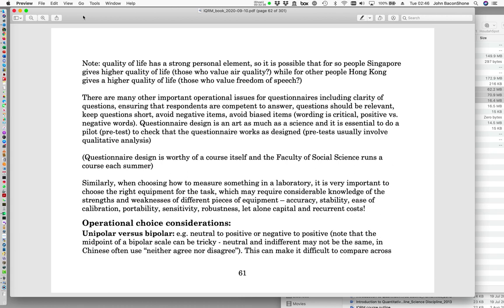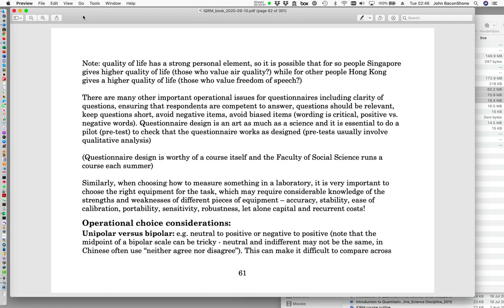Questions clearly should be relevant. The questions need to be short enough that people haven't forgotten the beginning by the time you get to the end. Negative questions can be very difficult, particularly because of whether people have understood the negative element of it. Bias is a really sensitive issue. You have to be very careful about the wording.